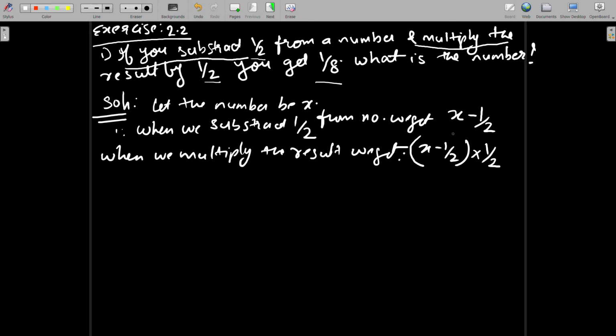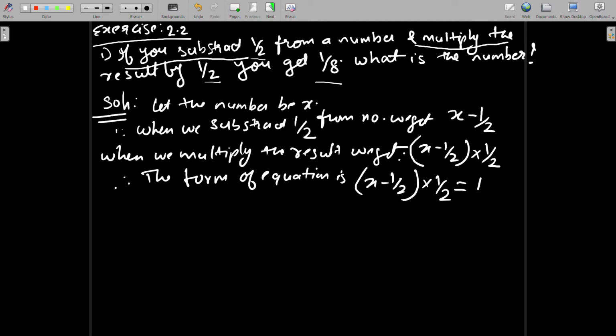What will we get? 1 by 8, correct? Therefore the form of the equation is x minus 1 by 2 into 1 by 2 is equal to 1 by 8.